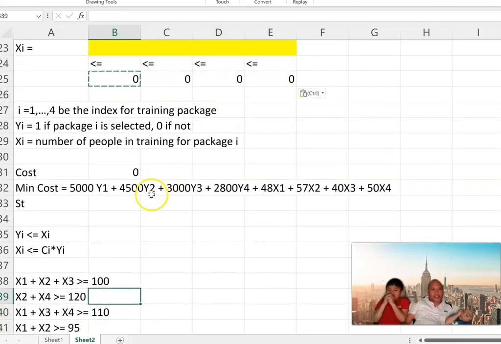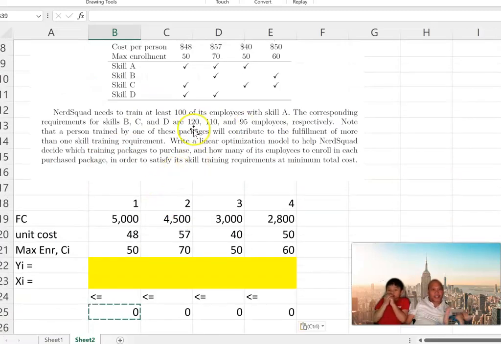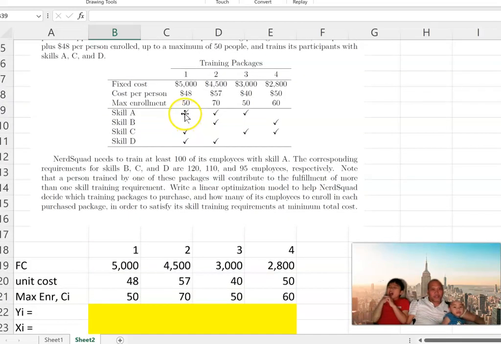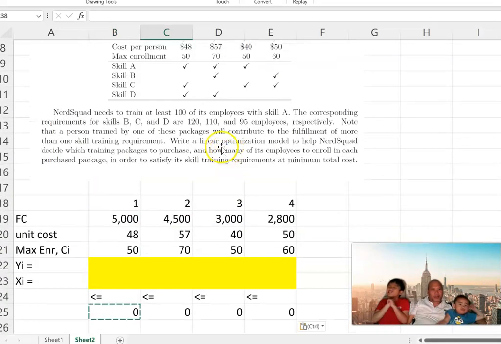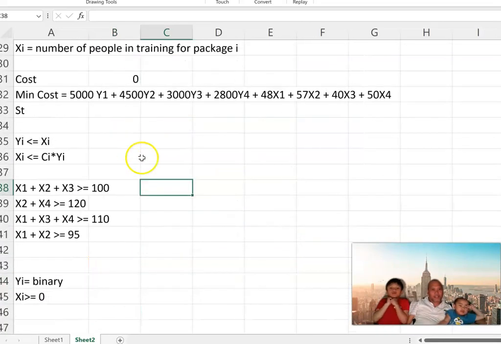Now the next one is fairly easy, the one that says you need to have 100 people that must develop skill A, and skill A is offered with training 1, 2, and 3. So that means x1 plus x2 plus x3 must be greater than or equal to 100. And 120 people must develop skill B, and so on. So let's just put this in.